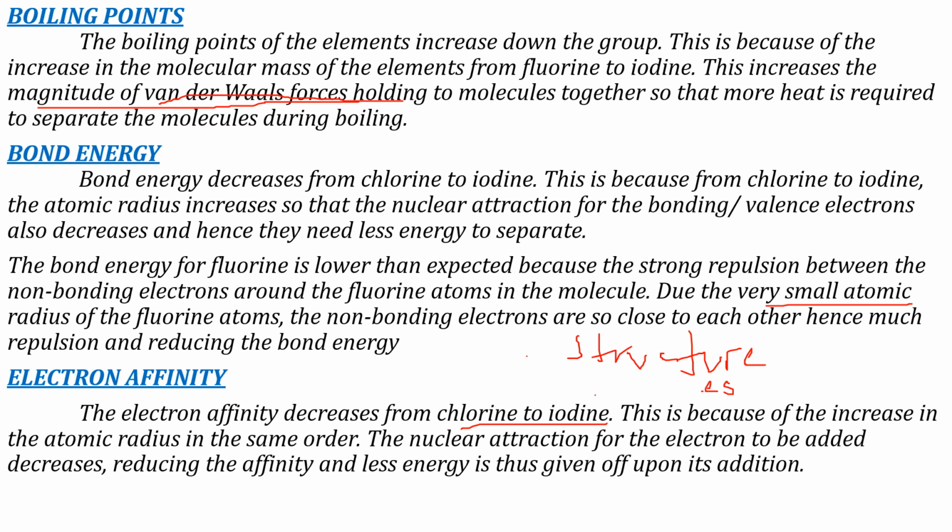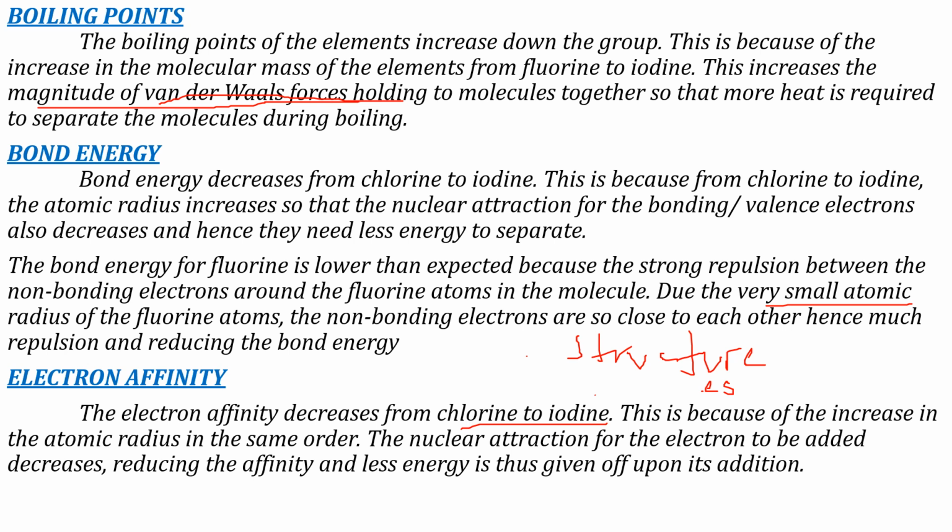And thus, if the radius of the individual atoms of the elements is smaller, we expect the incoming electron to experience more attraction than the repulsion by the electrons, and it will be experiencing a stronger nuclear attraction. That means that the stronger it is, the more energy is being released.